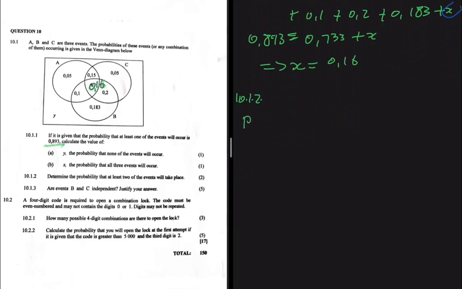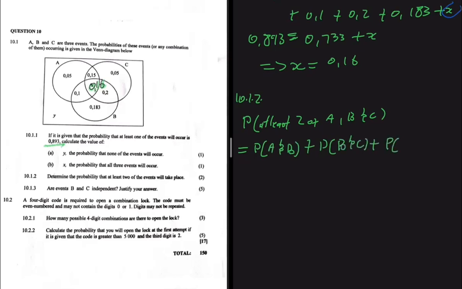The probability that at least 2 events of A, B, and C occur will always be equal to the probability of A and B plus the probability of B and C plus the probability of C and A, minus 2 times the probability of A, B, C.